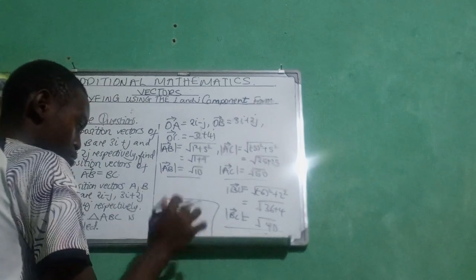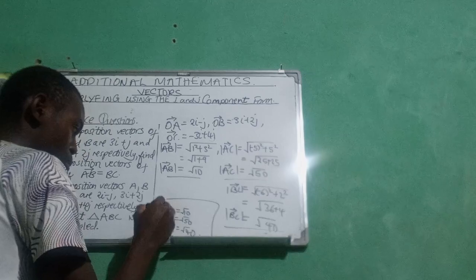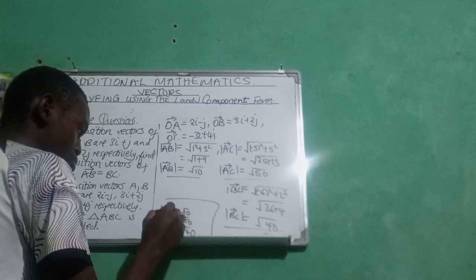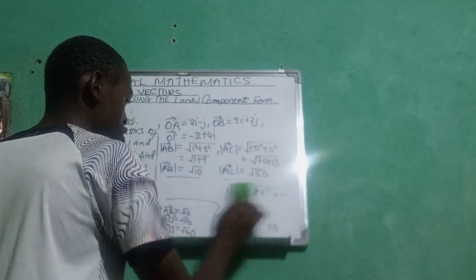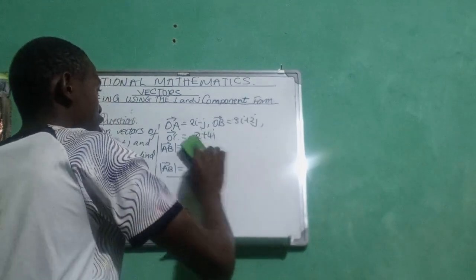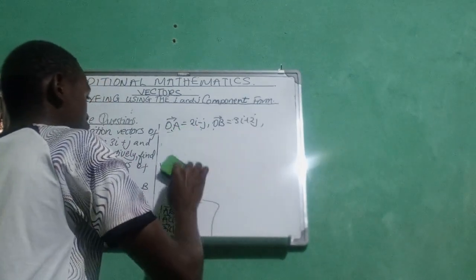Alright, we can now write that information right here, and put these two bars to represent the magnitudes of these vectors. So we have almost answered the question.